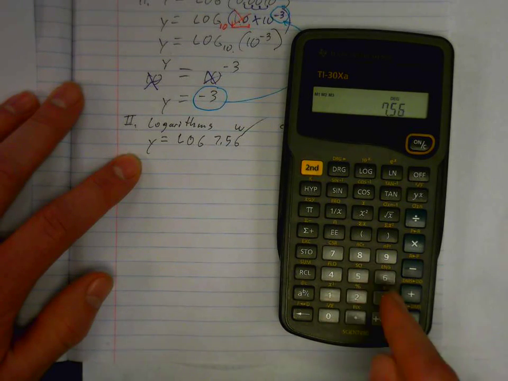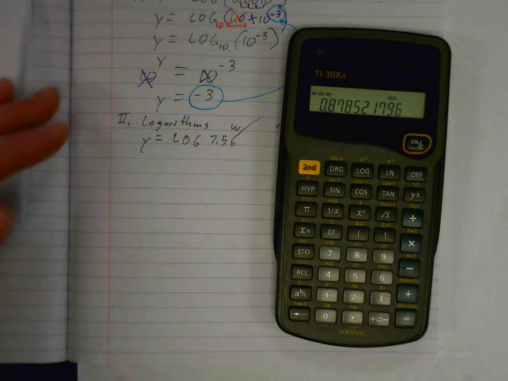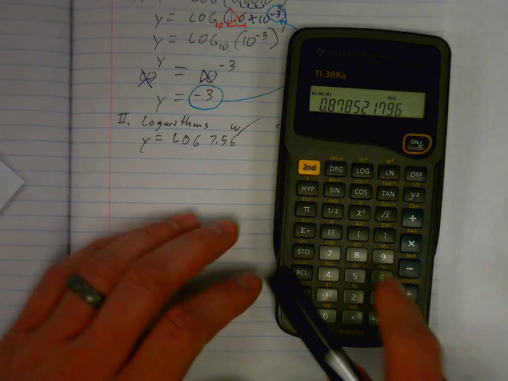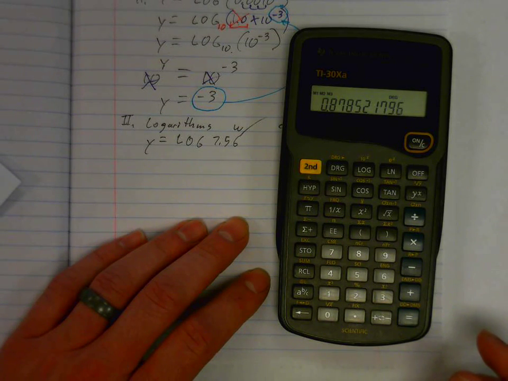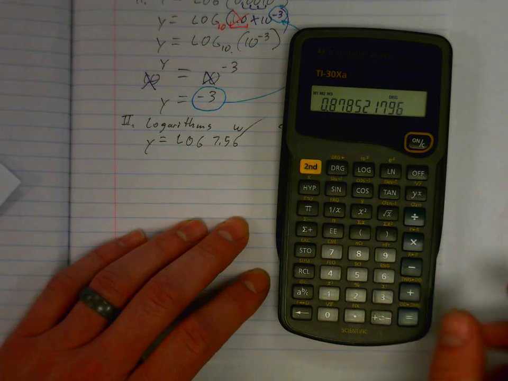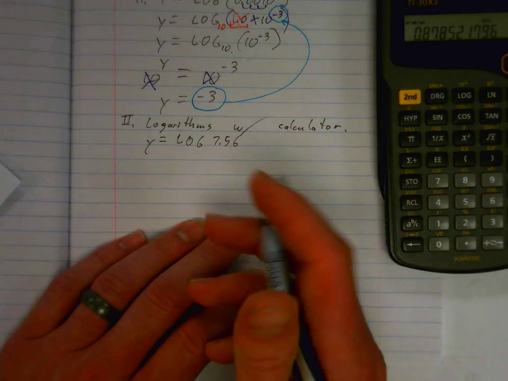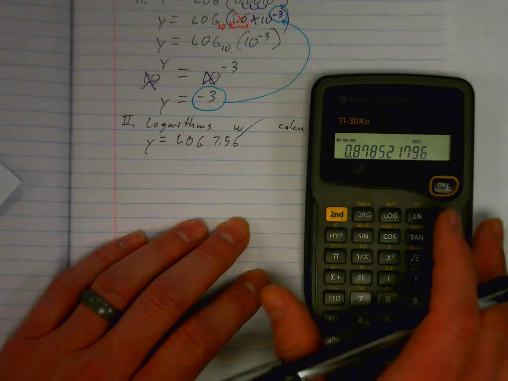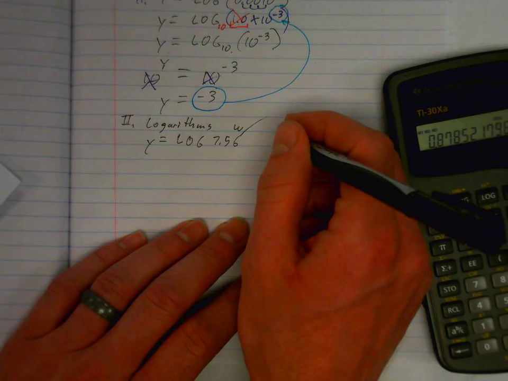This is the base 10 logarithm. Careful that you don't use natural log, which would be ln. So we have 0.88, so y then is 0.88.